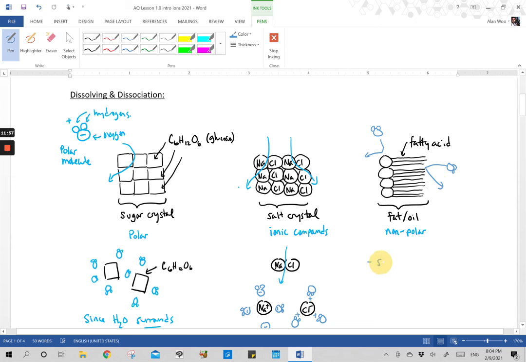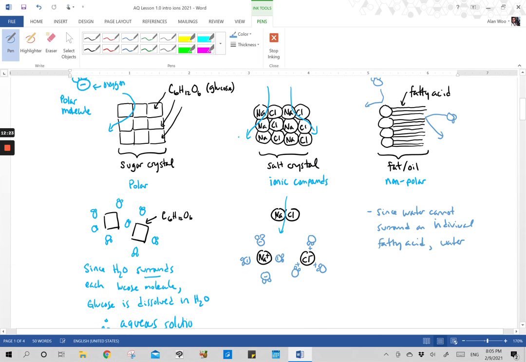So since water cannot surround an individual fatty acid, water cannot dissolve fats or oils.